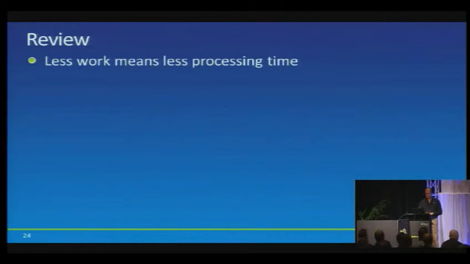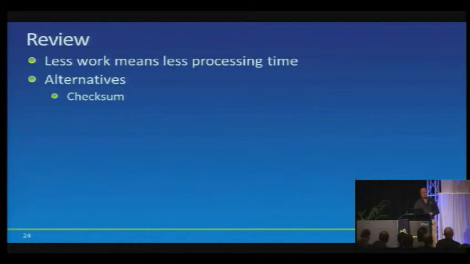All right. Less work and less data means the processing time is much shorter. So our goal is to get as little data as possible. Please, please, please spend a lot of time designing and understanding that. How can you get as little data as possible across?